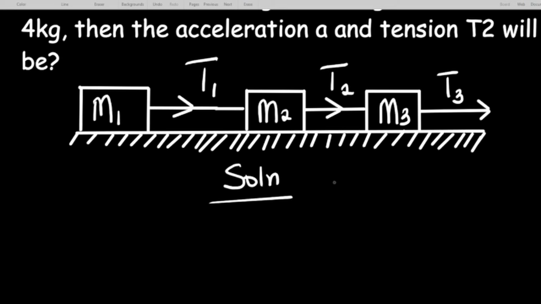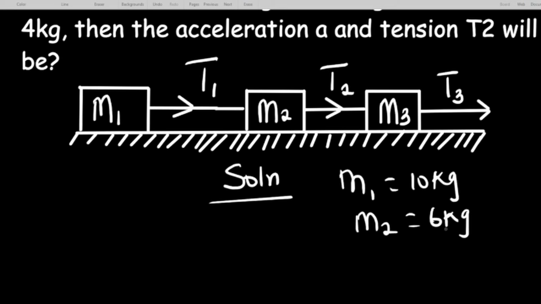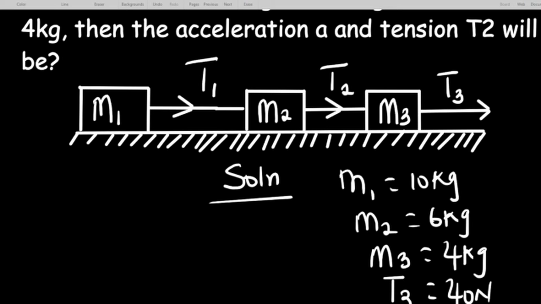So here we have our M1 to be 10 kg. Our M2 is 6 kg. And then our M3, which is the third mass, is 4 kg. And we were also told that the tension in the third string is 40 newtons.